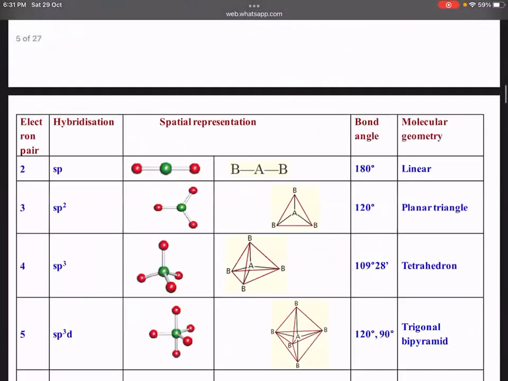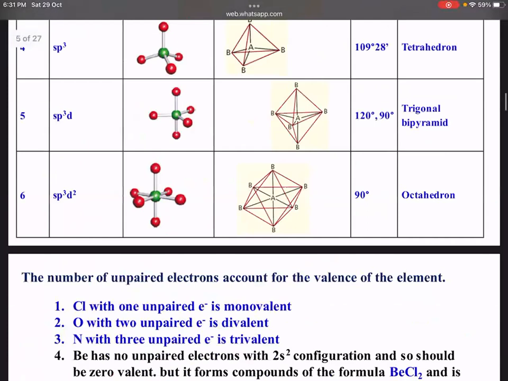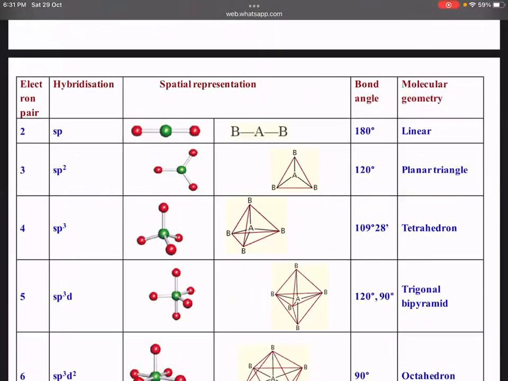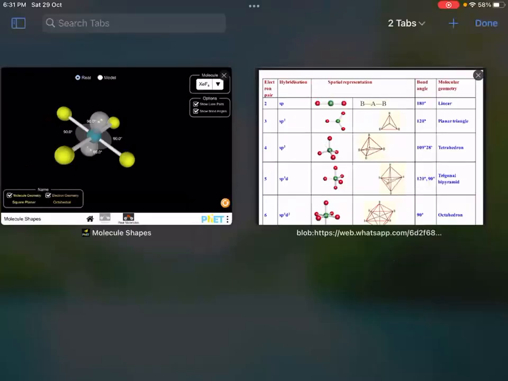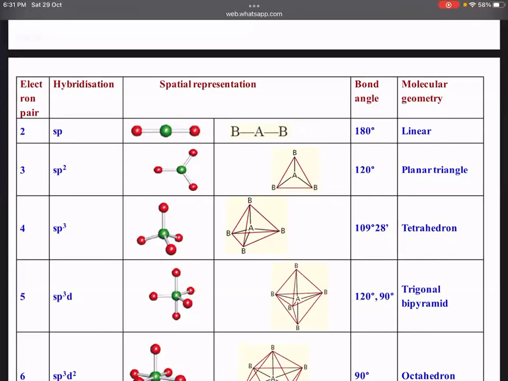Now, hybridization concept. So hybridization means what? What is hybridization?